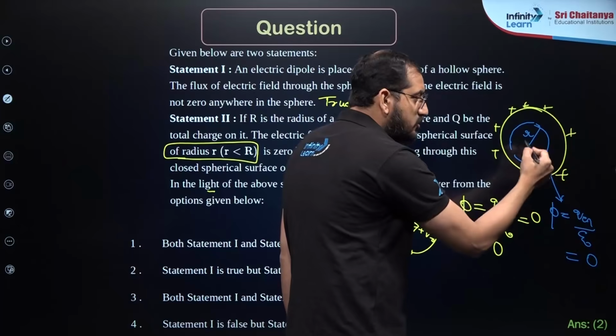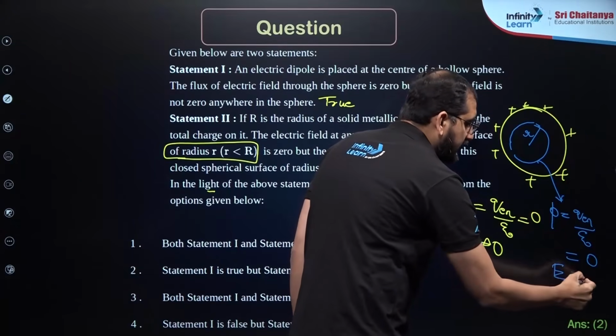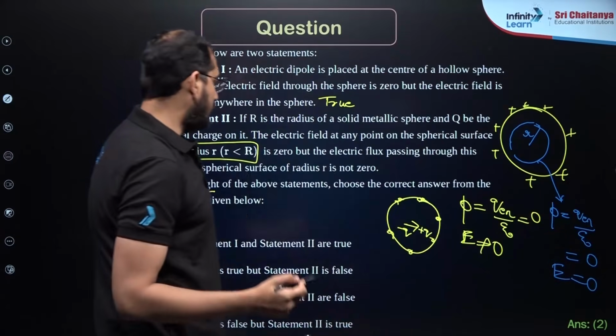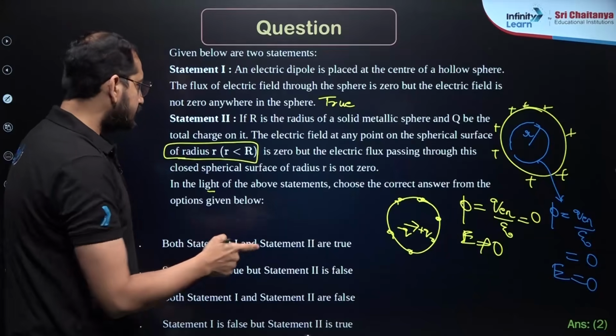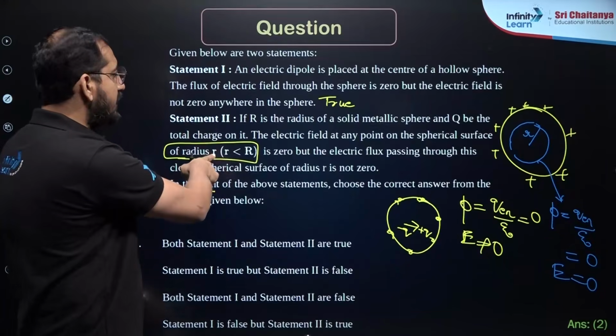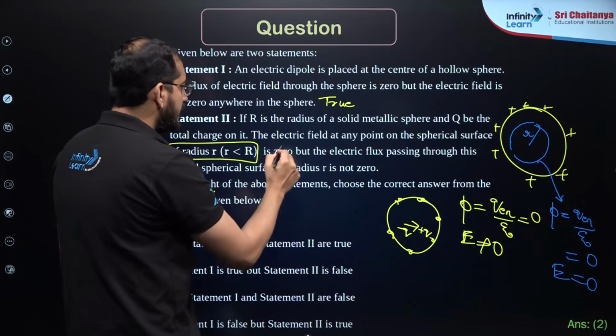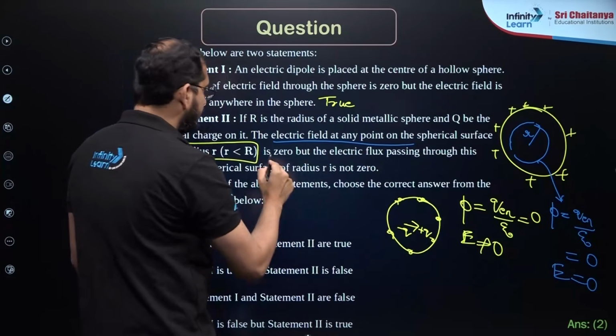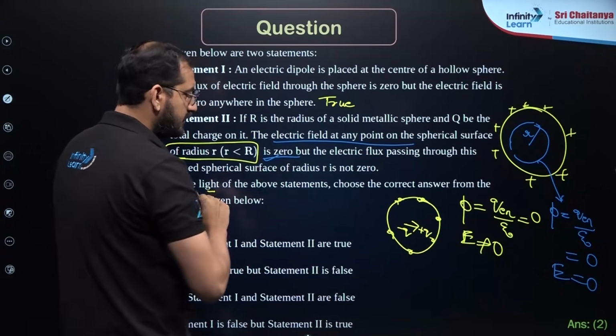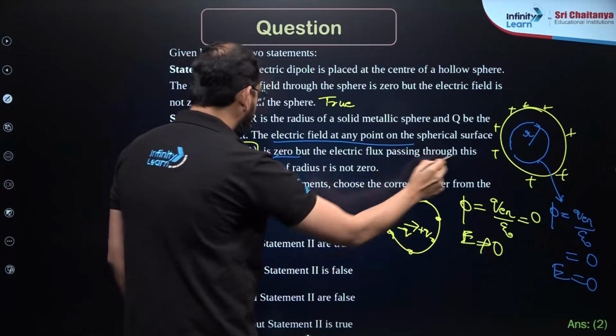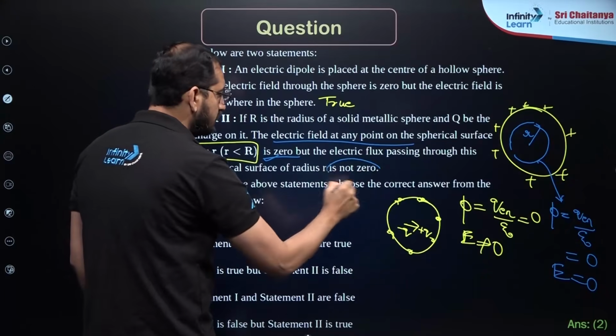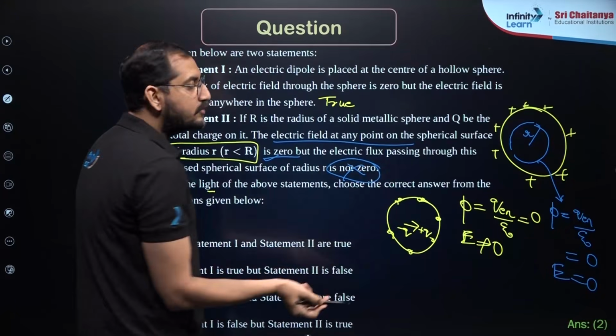Since there is no charge over here, the electric field inside is also equal to 0, right? As per statement 2, the electric field at any point is 0. So this part is correct, but the statement that the electric flux passing through this is not 0 is wrong. Actually, this is also equal to 0, right?